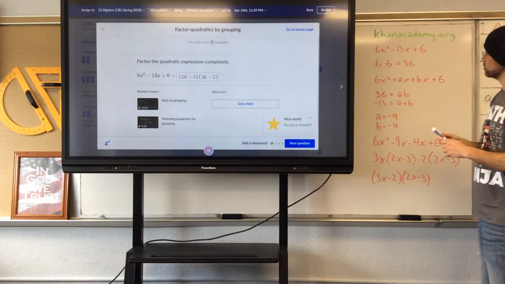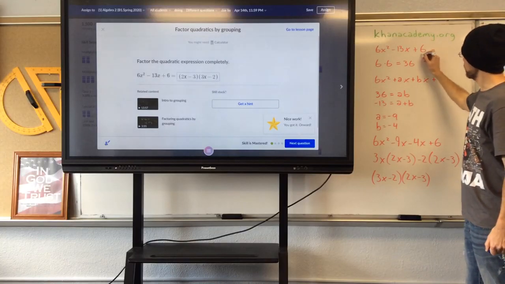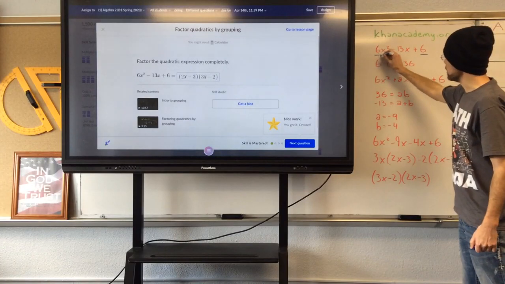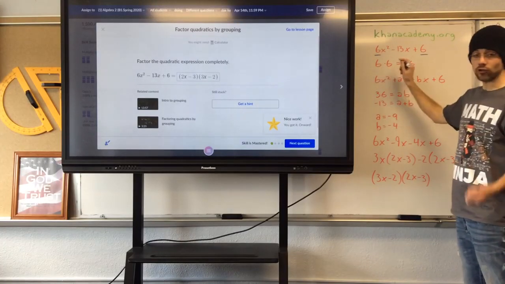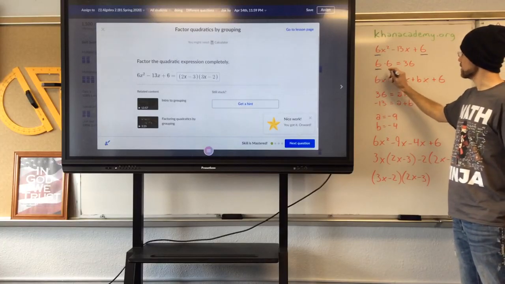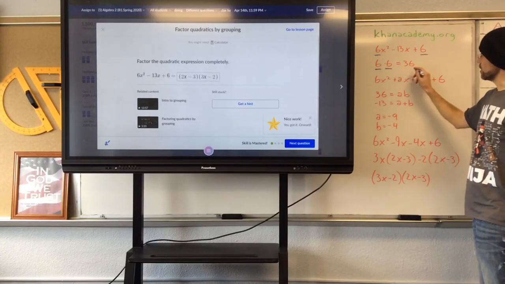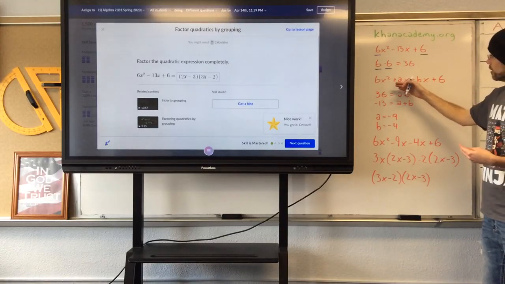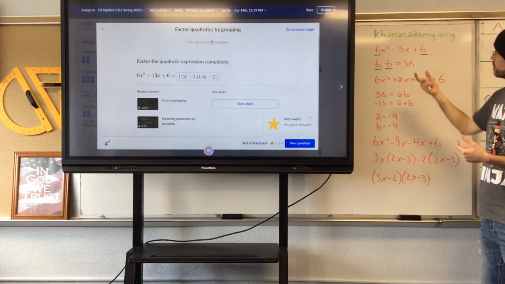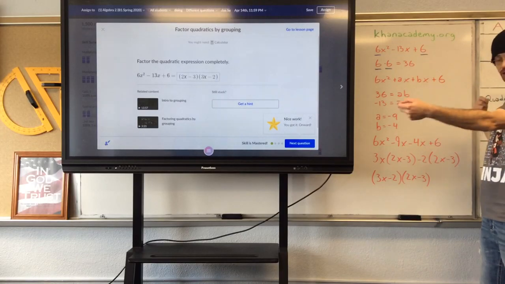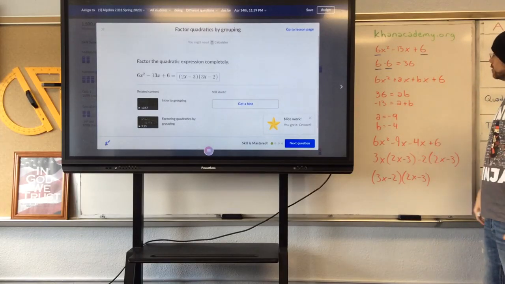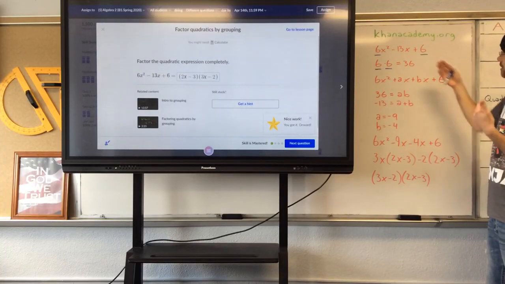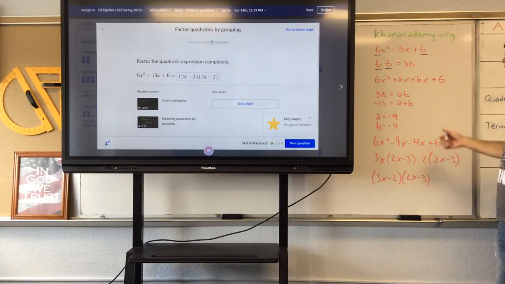The first thing we do is we look at the constant term and the leading coefficient, and we multiply those two numbers. 6 times 6, that gives us 36. And we say to ourselves, we're going to split this negative 13x into two pieces.